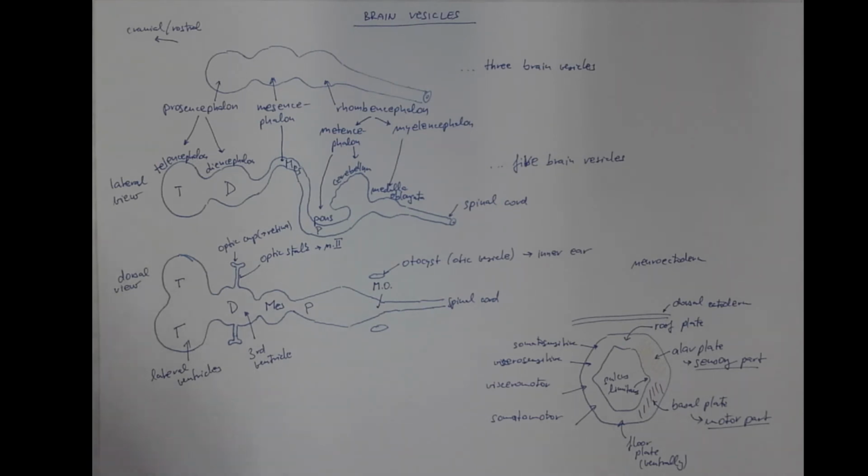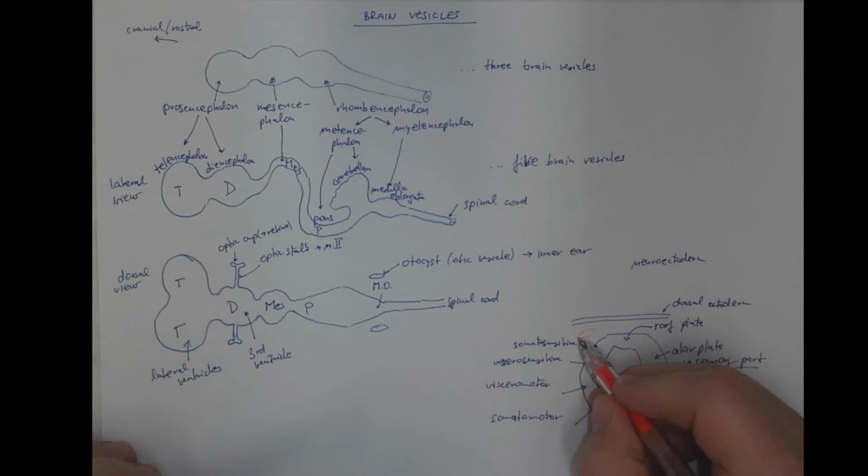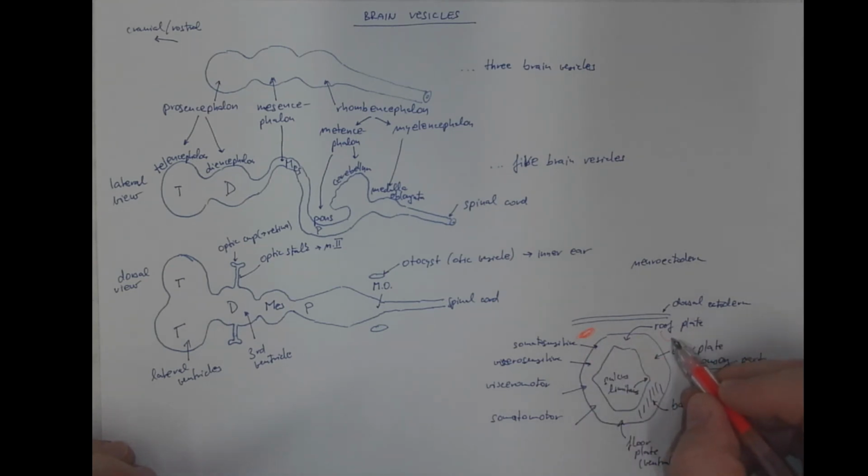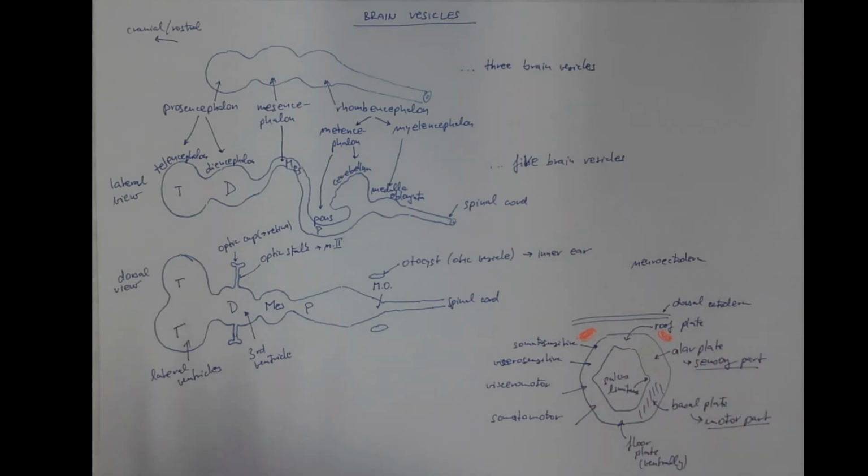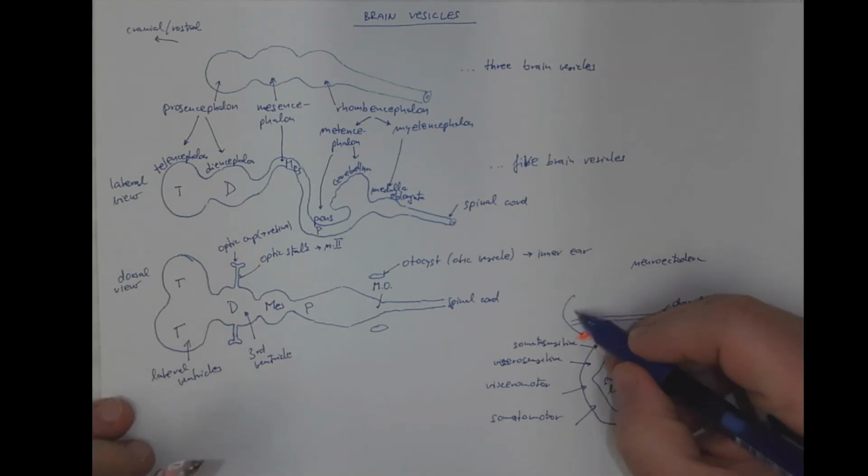We should not forget the neural crest here on both sides of the neural tube, but it will be explained in a separate scheme.